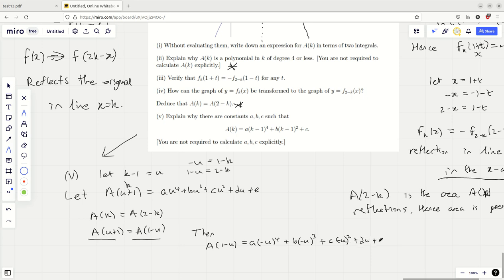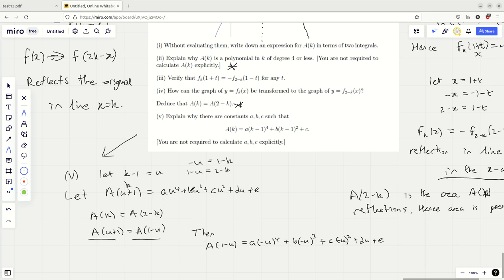I'll just write it down before I make my argument. Let me explain this minus u here. If we've got u plus 1 going to u here, then we should have 1 minus u going to minus u here. We've traded our positive u for a negative u down here, so that's going into there.